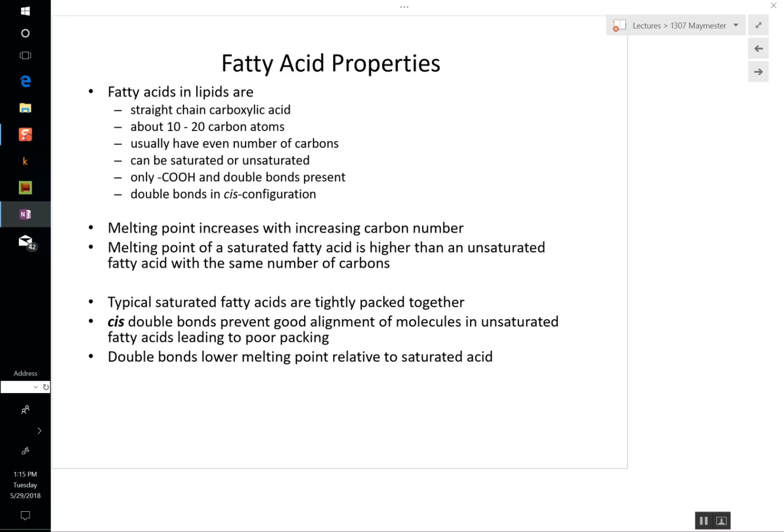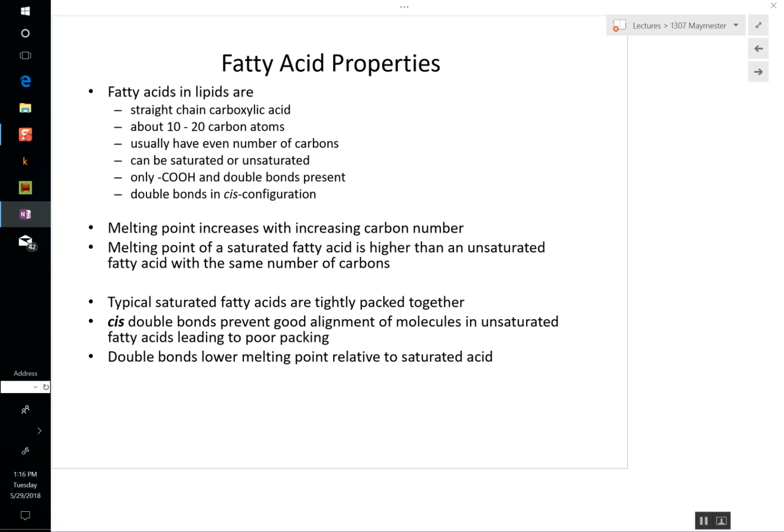So 9, 10, 11, 12, 13, 14, 15, 16, 17. And they are long chain carboxylic acids. Carboxyl group here, this is nonpolar. Okay? That's the thing to keep in mind.